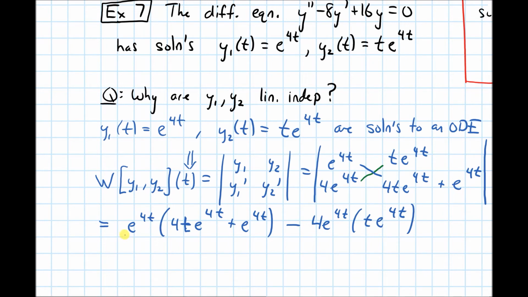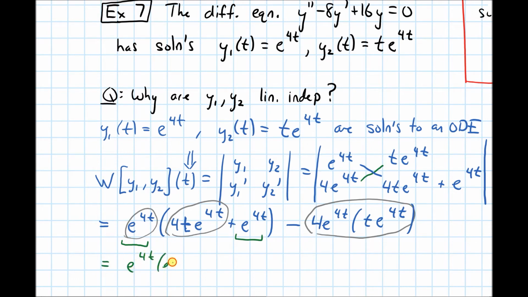So what we will be left with is e to the 4t times e to the 4t, but multiplying these, we have to add the exponents. This is e to the 8t. So that's what our Wronskian is.